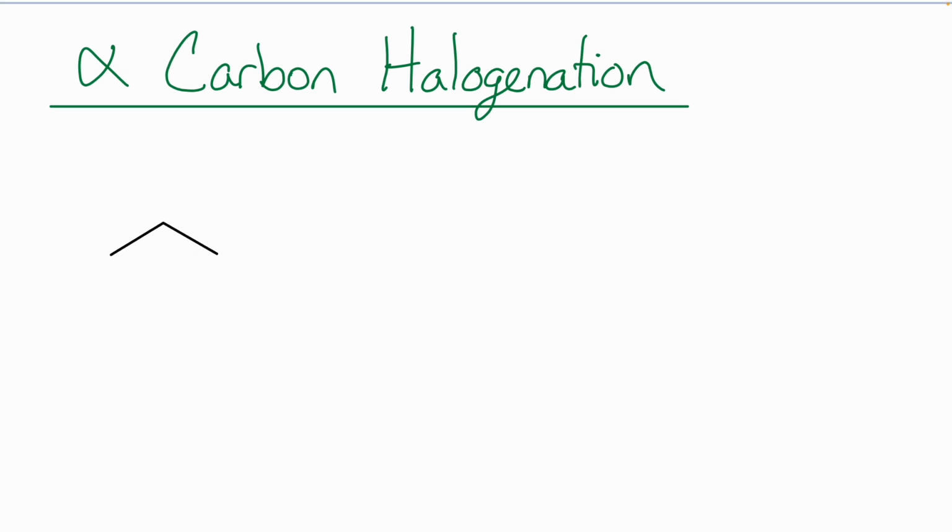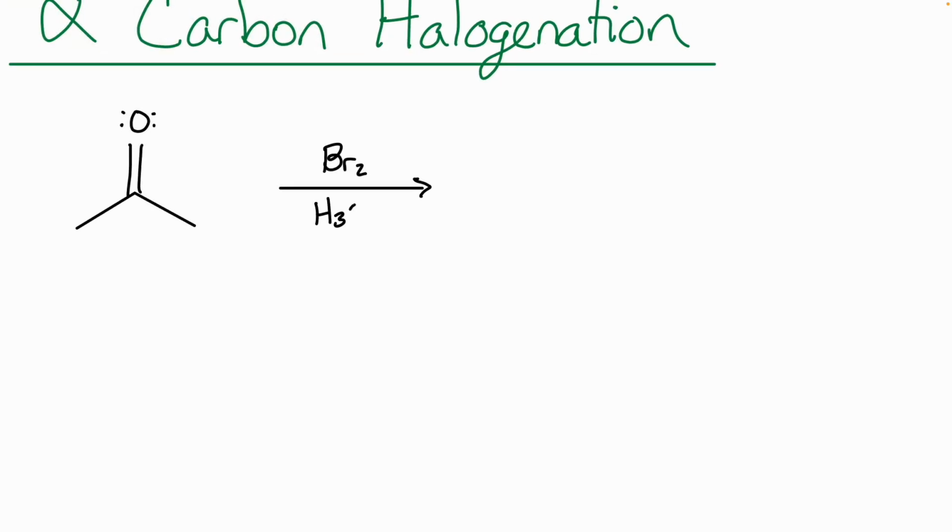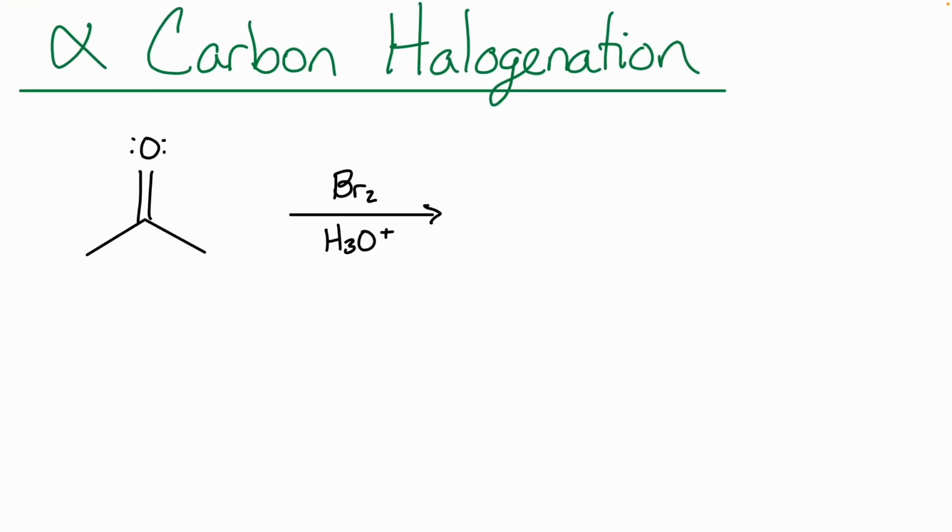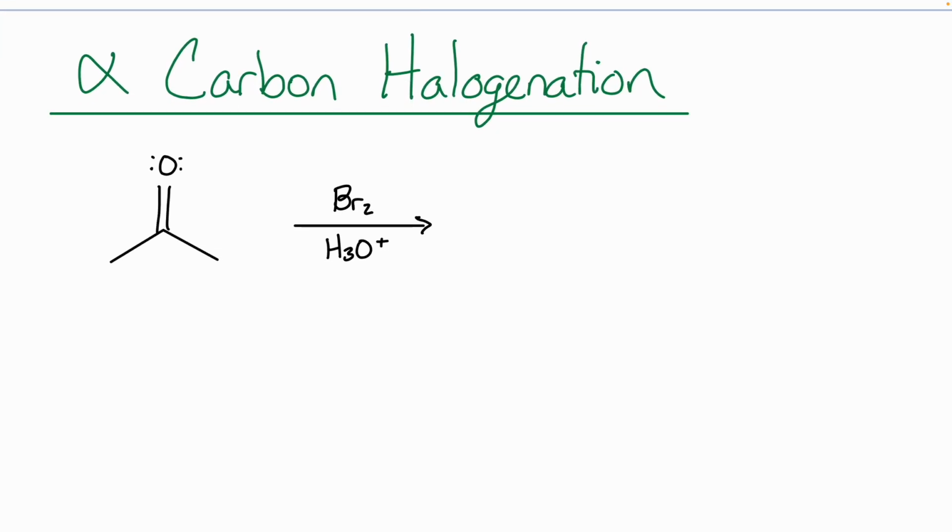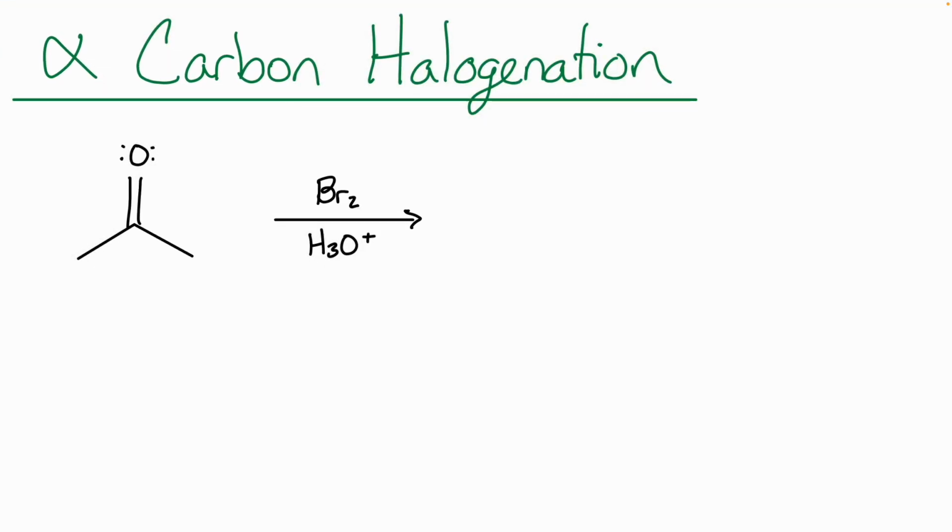Right, so if we take an aldehyde or ketone and we combine it with a halogen in acidic conditions, as the name implies, we're going to see that our alpha carbon gets halogenated. We get that bromine on our alpha carbon. Right? Not our carbonyl carbon.